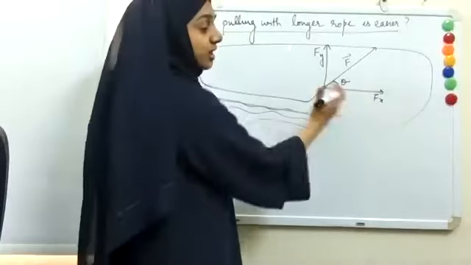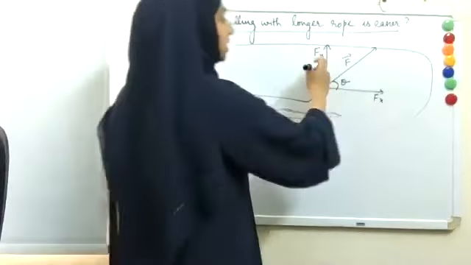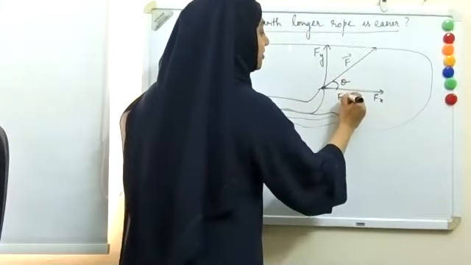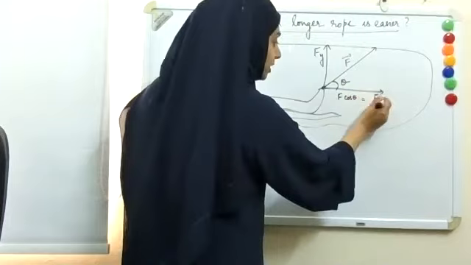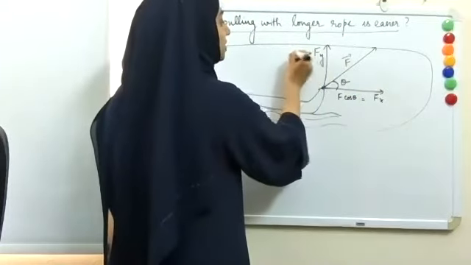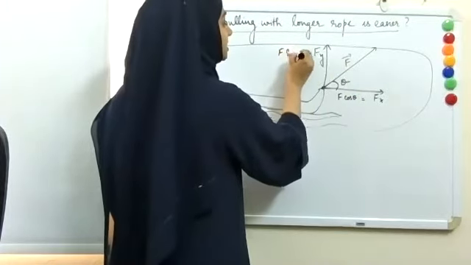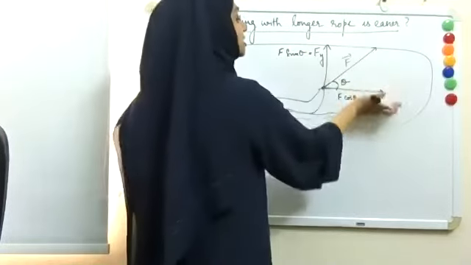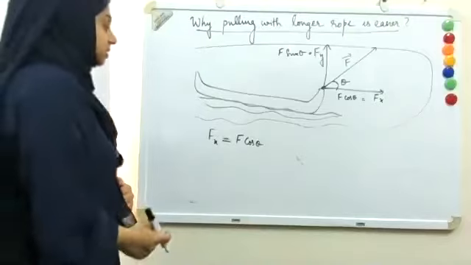Just now we saw the x component is cos theta, the y component is sin theta. So Fx is equal to F cos theta, and Fy is equal to F sin theta. We just saw that that's how we can resolve a vector into two perpendicular directions.